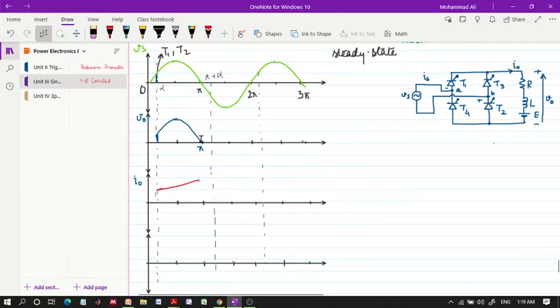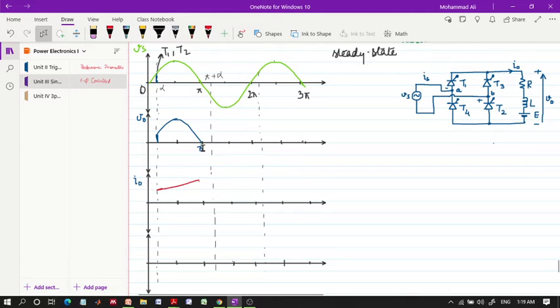If you see over here, this voltage has already gone into the negative side. So accordingly, these two thyristors must be what? They should be in forward bias. But because we are not triggering them on from pi to pi plus alpha, a forward blocking voltage will be coming across these two thyristors, right?